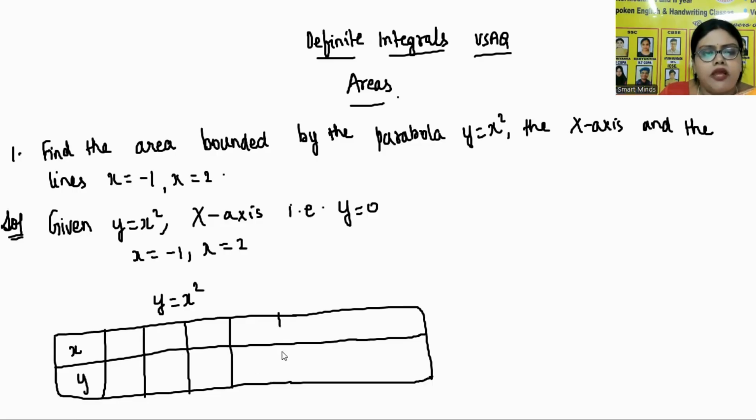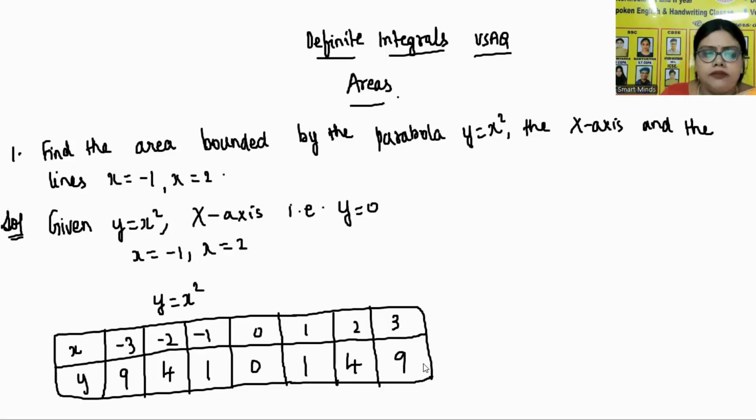Suppose we take -3, -2, -1, 0, 1, 2, 3. If you square x, you will get y. So -3 whole square is 9, -2 whole square is 4, -1 whole square is 1, 0 square is 0, 1 square is 1, 2 square is 4, 3 square is 9.